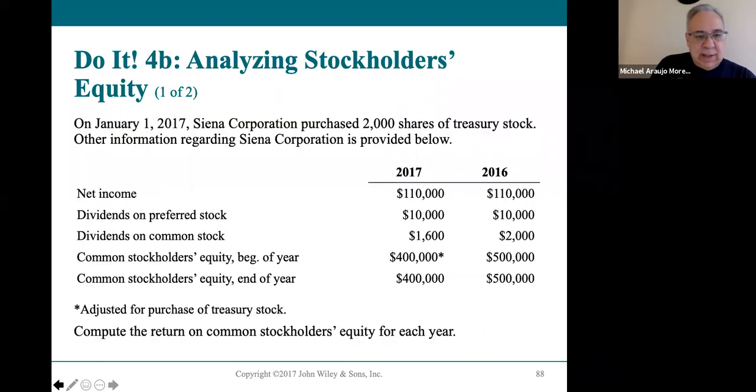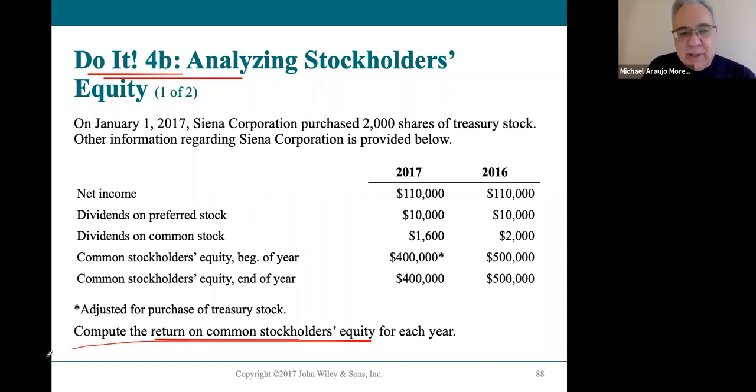So here is chapter 4, learning objective 4, wrapping up with the analysis. Again, the important thing is to understand that the dividend payout ratio is important and return on common stockholders' equity is important. Those two things you need to know. So here we have Sienna Corporation.